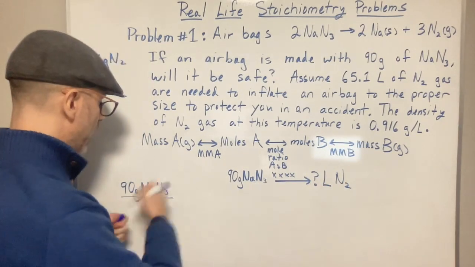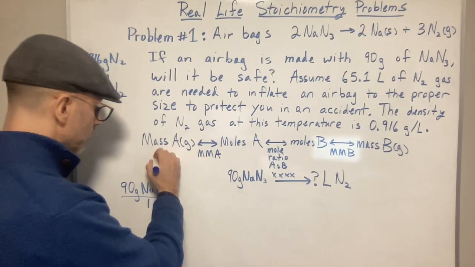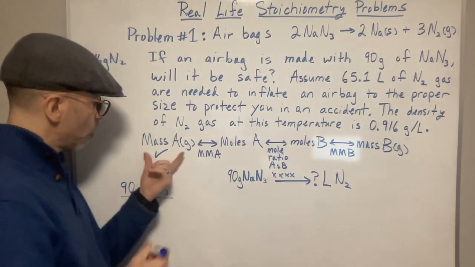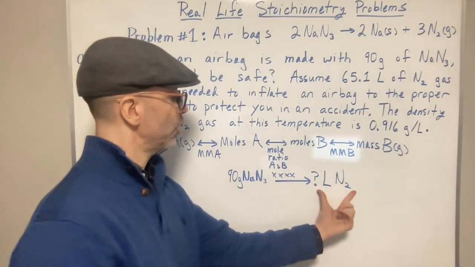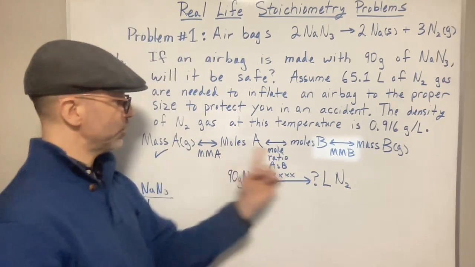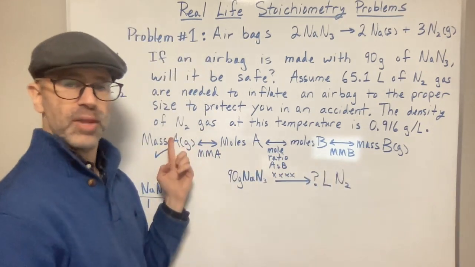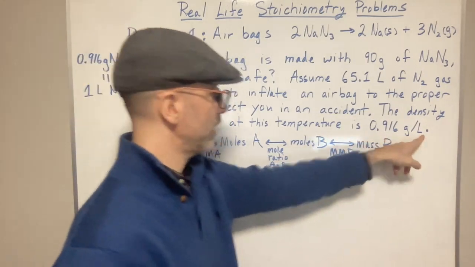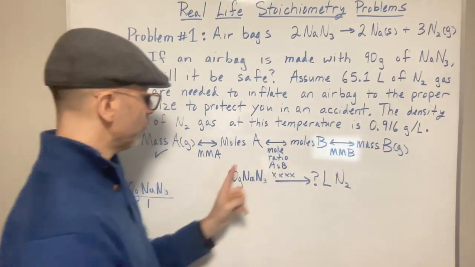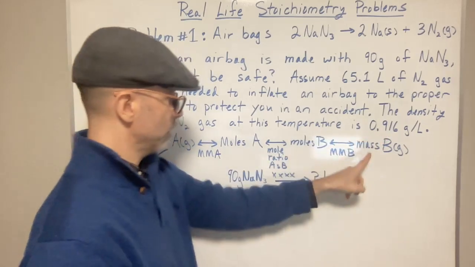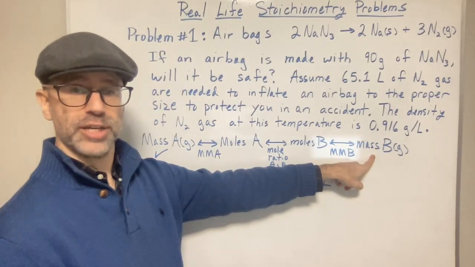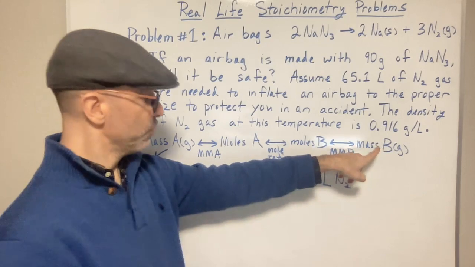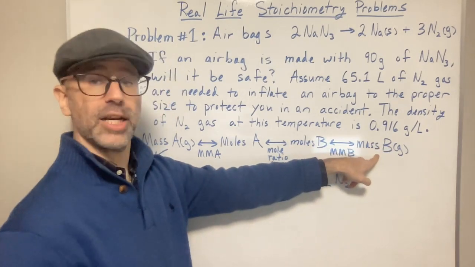So we're starting with grams of A, but we want to get liters of nitrogen. But notice there's no liters in here. But we do have a relationship between grams and liters. So we're going to convert to grams of B, our nitrogen gas. And so therefore, we're going to have to make another conversion here.